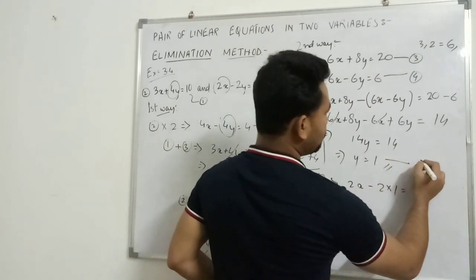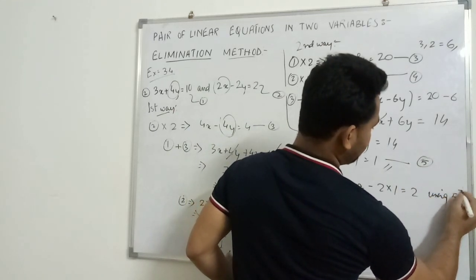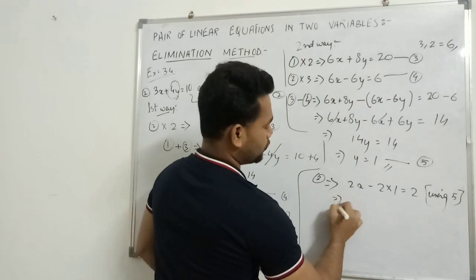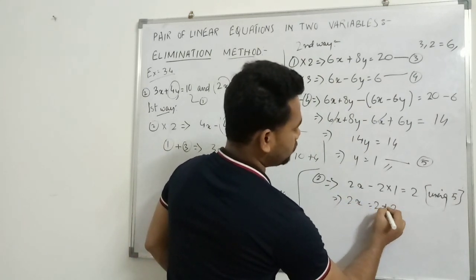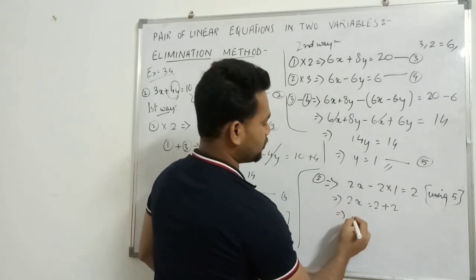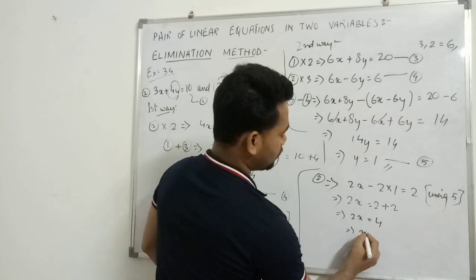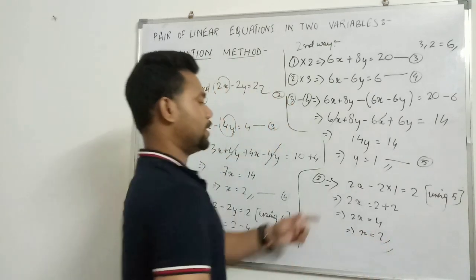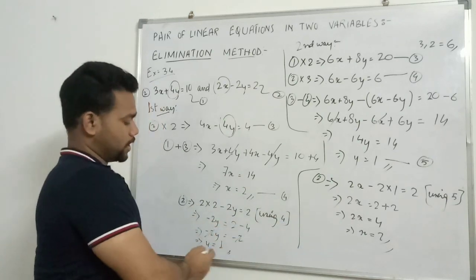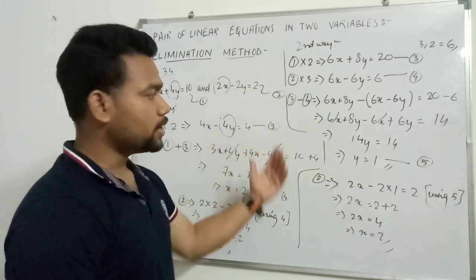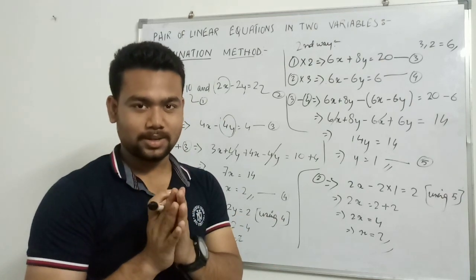Because I have taken it from equation 5. So 2x equals 2 plus 2, because minus 2 goes to the right hand side, and becomes 4. So x is equal to 2. See, y is 1, x is 2. Two different ways, same answer. Got it? I hope you got the concept, right?